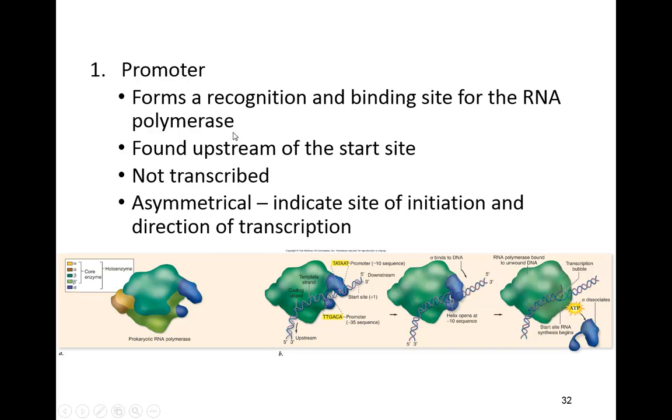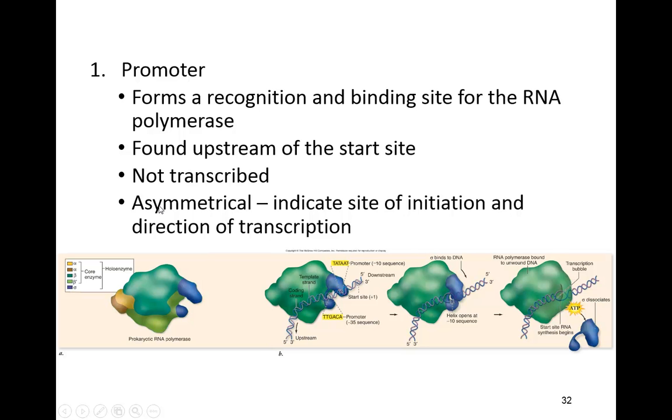So the promoter is a site of specific DNA sequence that the RNA polymerase recognizes and binds to, and it's usually upstream of the start site. It's not transcribed, so it doesn't turn into a messenger RNA. It's just a place where the RNA polymerase will bind.